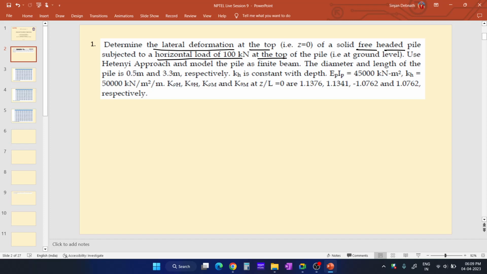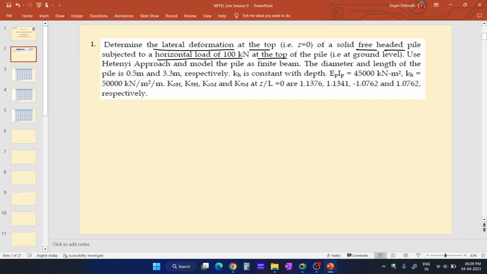So basically, we need to determine the corresponding lateral deformation at the top of a free-headed pile.